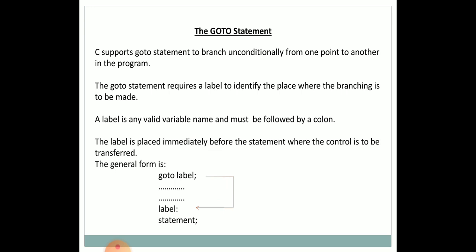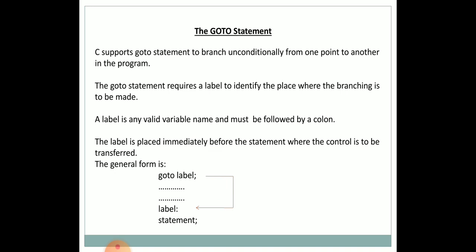So this alters the flow of execution. The goto statement breaks the normal sequential execution of the program, and the control of execution will be transferred to the part of the program where it is specified using the label. Label can be any valid variable name, but it must be followed by a colon.